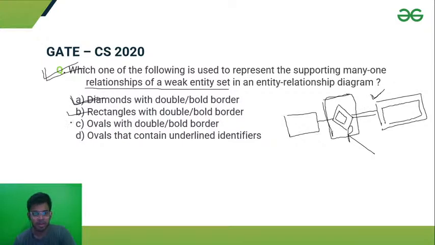But what the question asked is the diagram of the relationship, not the entity. The diagram of the relationship is a diamond with double border. So the answer will be A.